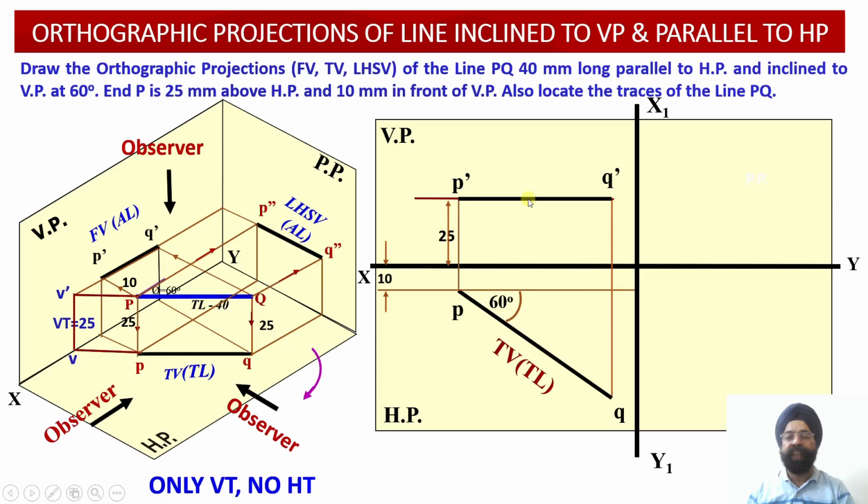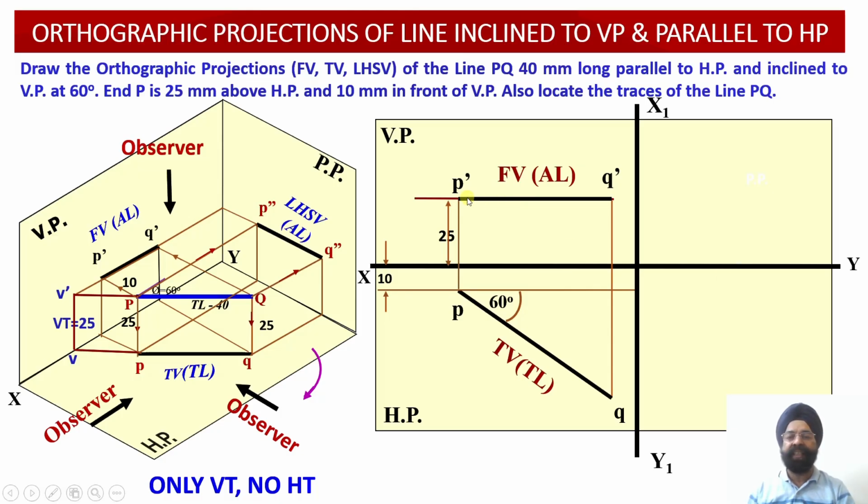We know that the front view projections of this line, obtained on the vertical plane, reveal the apparent length of the line. Why? Because this line is inclined to the vertical plane. So having obtained the true length projection in the top view and the apparent length projection in the front view, now we are going to proceed with the location of the traces.